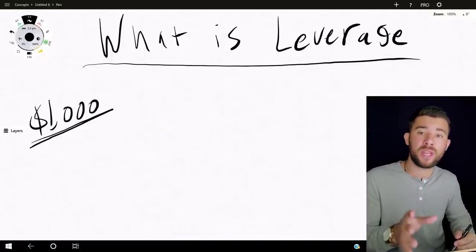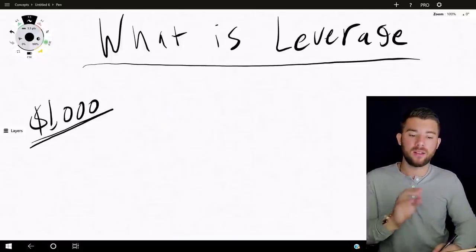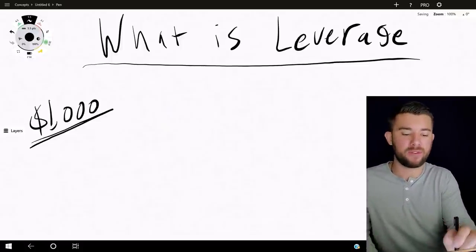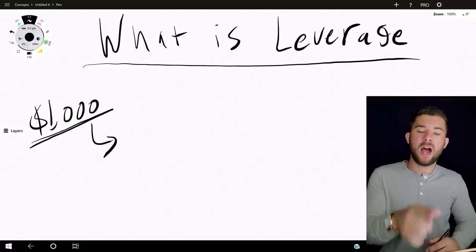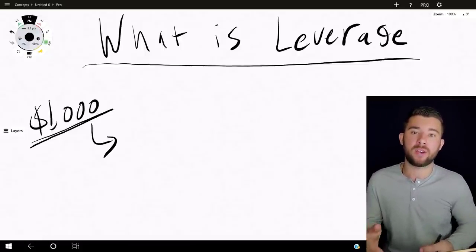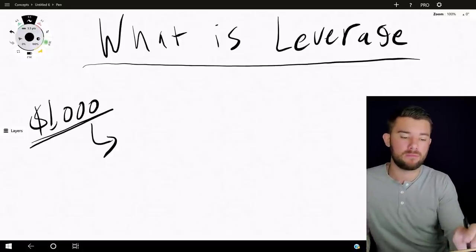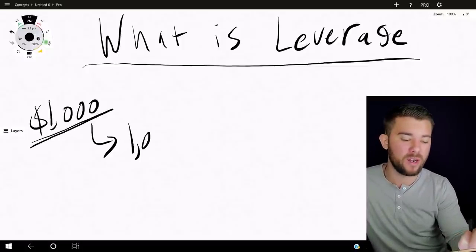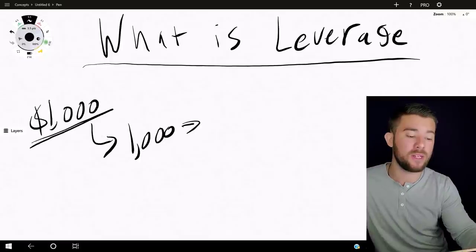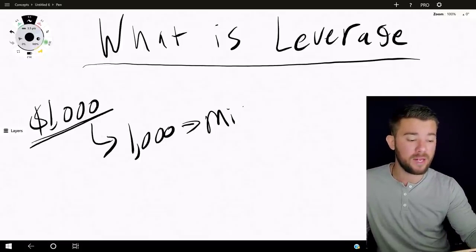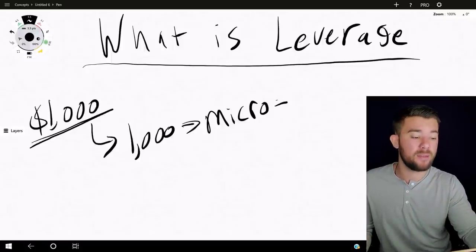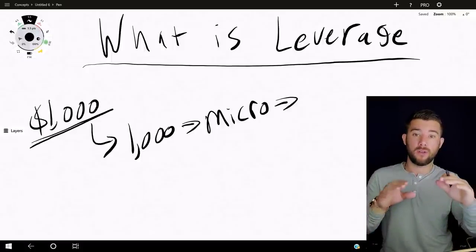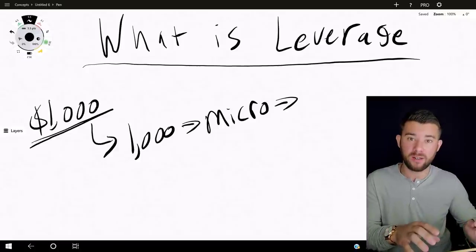So with a $1,000 account, let's look at this as if you don't have any leverage. You have a $1,000 account. We've talked about order sizes, right? How many units can you purchase with a $1,000 account and no leverage at all? 1,000 units, right? Self-explanatory. 1,000 units. What is 1,000 units? That is a micro lot. One micro lot on most pairs means that you are the value of a pip for your position. Stay with me.